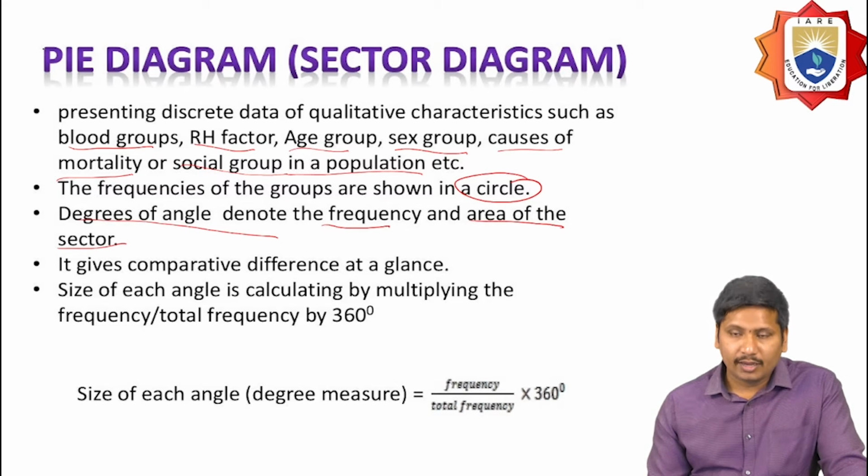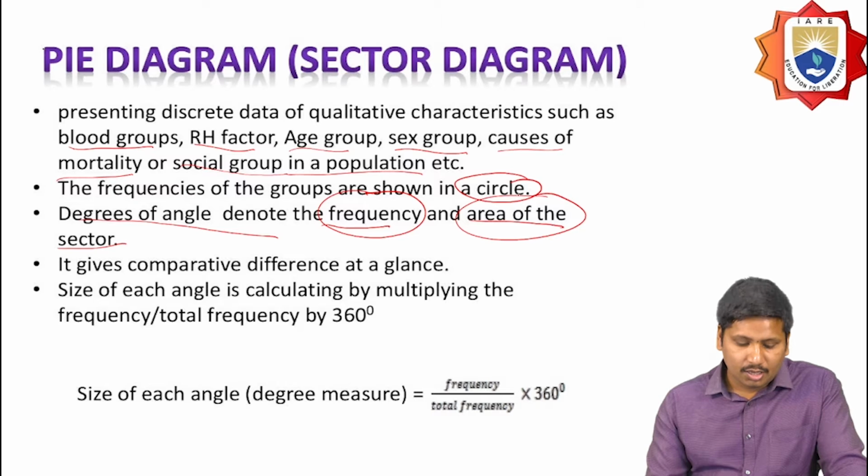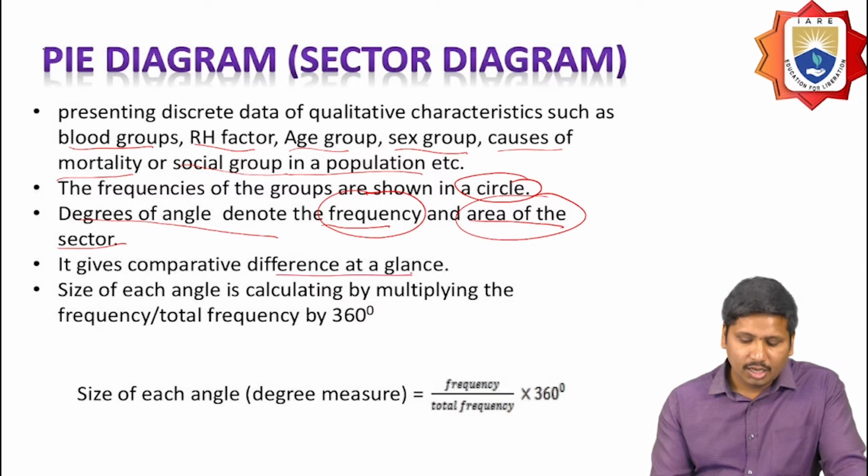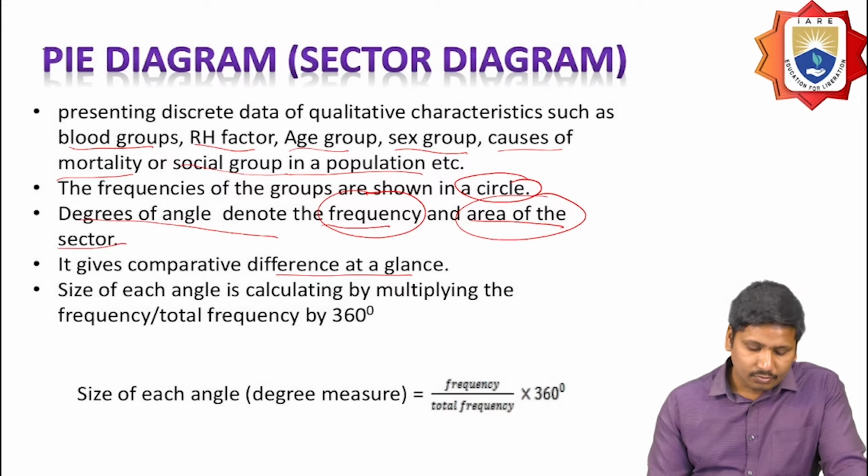The degree of the angle denotes the frequency and the area of the sector, and it also gives a comparative difference at a glance. If I make a comparison through various charts, the pie diagram is the best one to show comparative difference in a beautiful way.